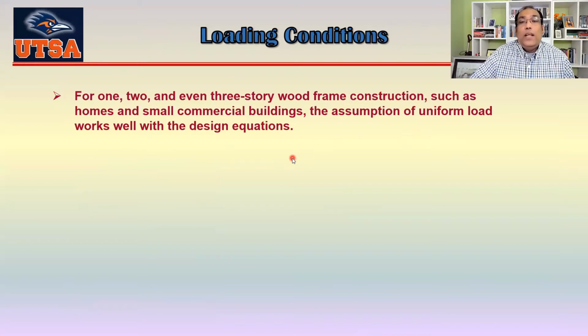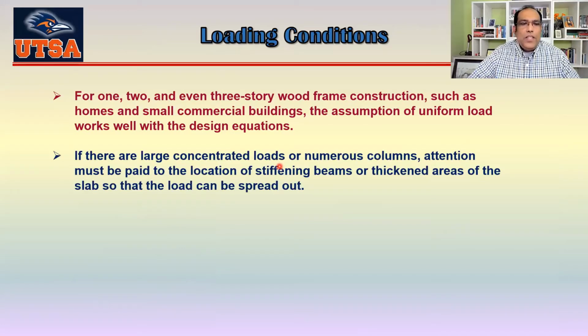Okay, we usually distribute the load all over the foundation slab. The second thing, if there are large concentrated loads or numerous columns, then attention must be paid to the location of stiffening beams or thickened areas of the slab so that the load can be spread out.